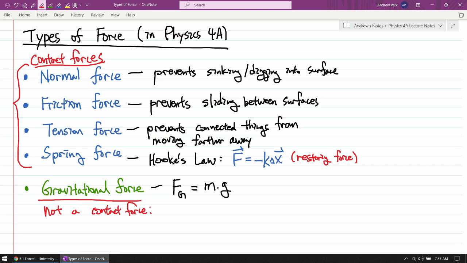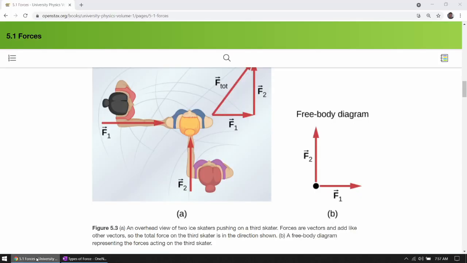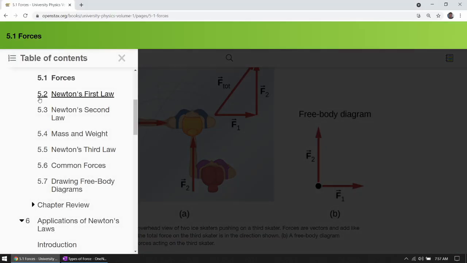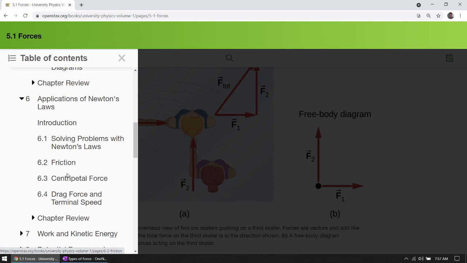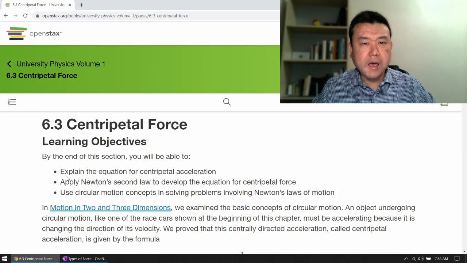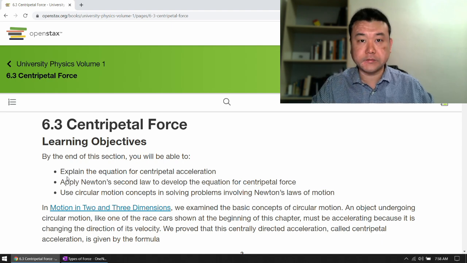I just wanted to close by highlighting a couple things that are not distinct types of forces, especially in physics 4A. One is something that you will see quite soon, which is called centripetal force. And people in this class might have heard a caution against centrifugal force.